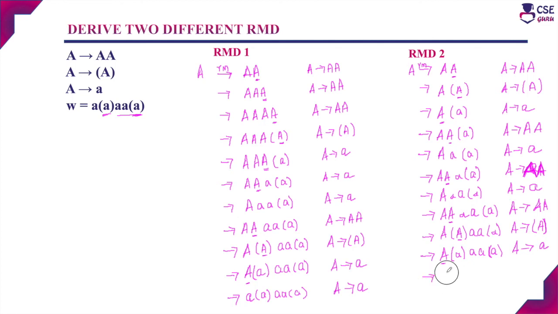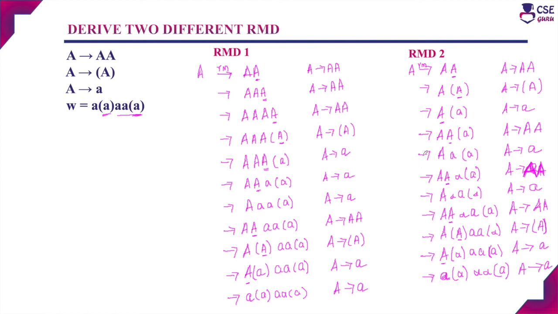Apply the production rule. A derives A. So now we have derived the same string using one more rightmost derivation. For the same string, there are two different rightmost derivations. So we can conclude that the given grammar is an ambiguous grammar.